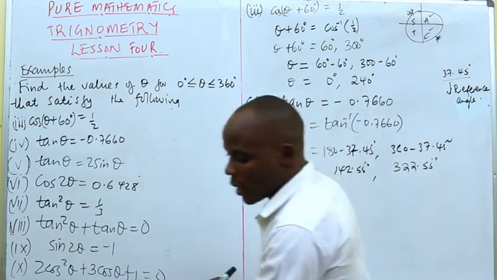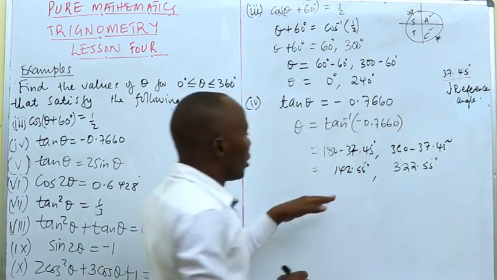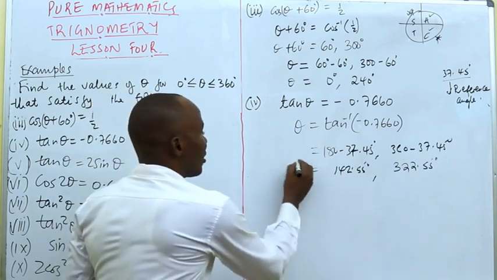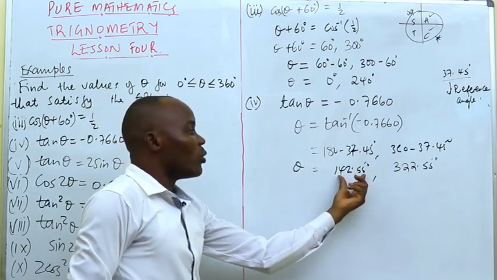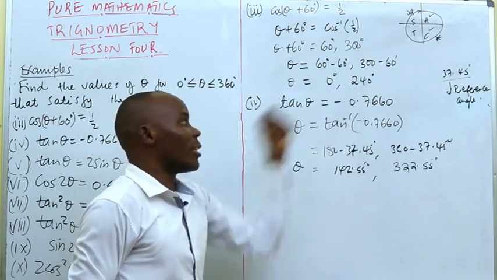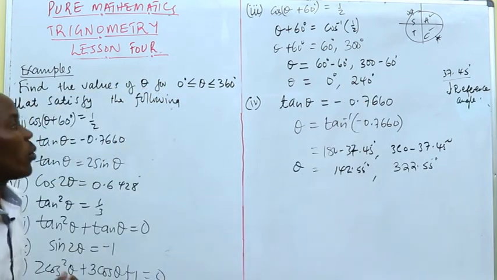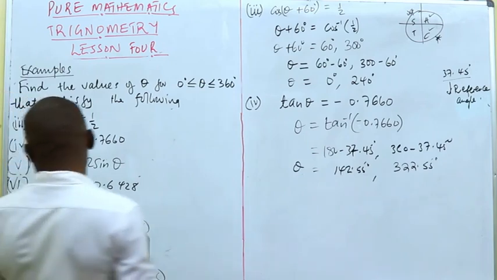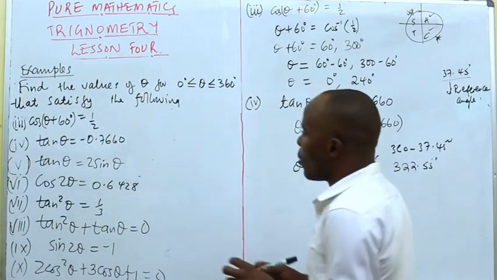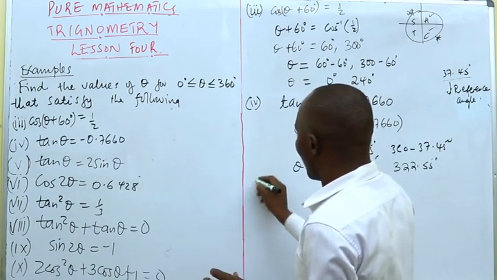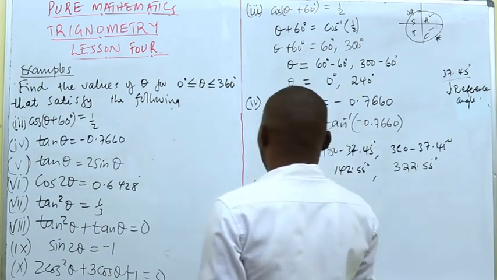Are you following? And indeed, if you press the tangent of this, you'll get a negative 0.7660. Okay?